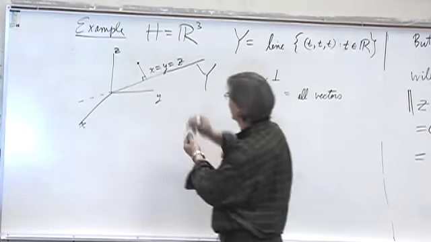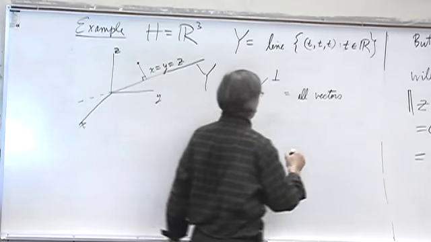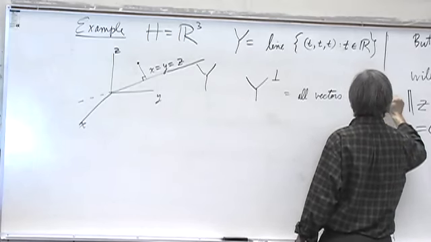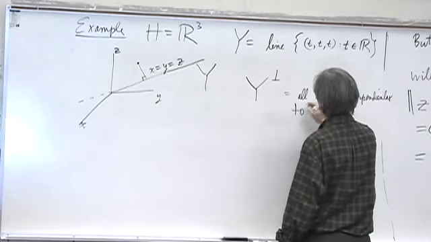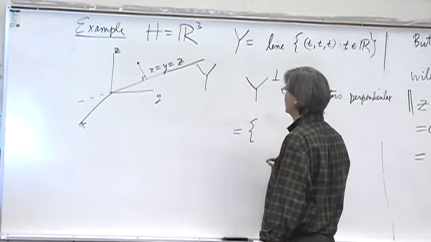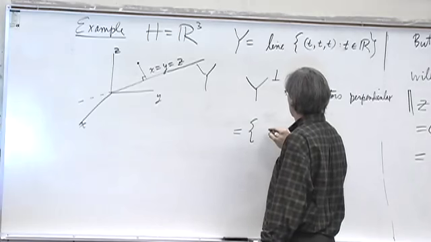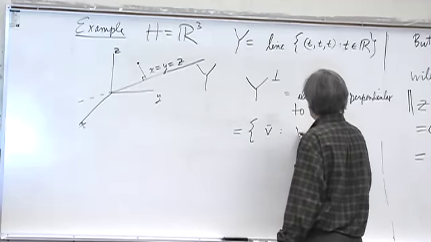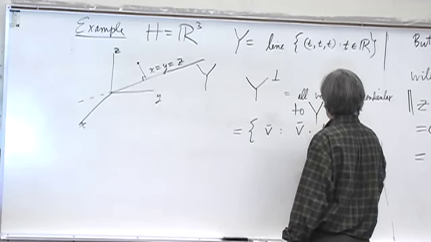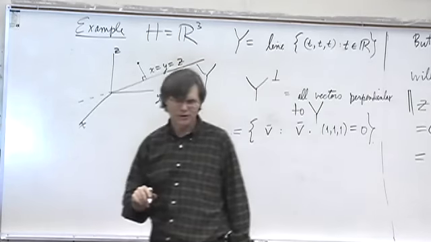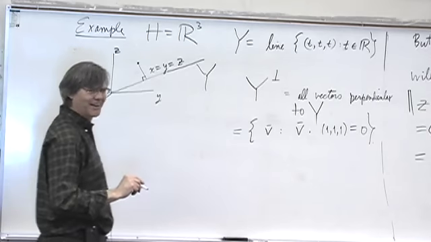So you have all vectors perpendicular to capital Y equals the set of all v such that v dot (1, 1, 1) equals 0. I shouldn't have changed the notation, but I didn't want to write c's.